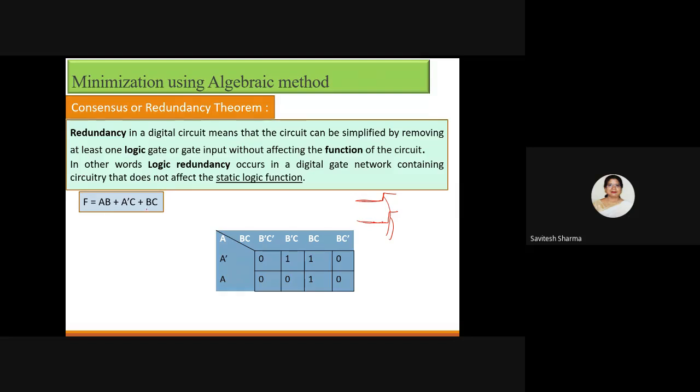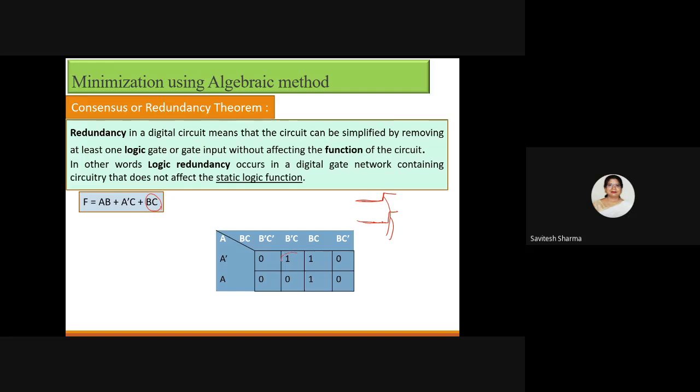Why I am saying that? Because here, this term BC is not playing any role in the function. If you removed it, it will not affect the function. You see here, if I will map it, how mapping can be done, I will tell you later. But I'm trying to say what is common here, what is redundant here.